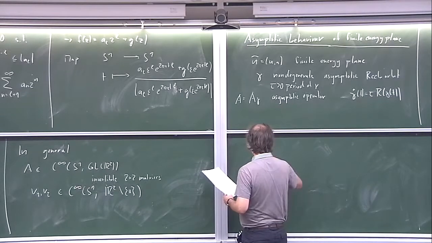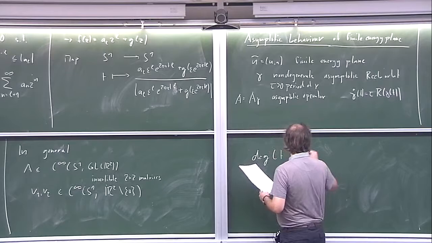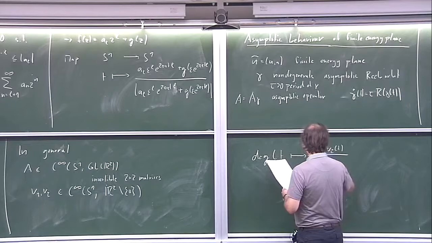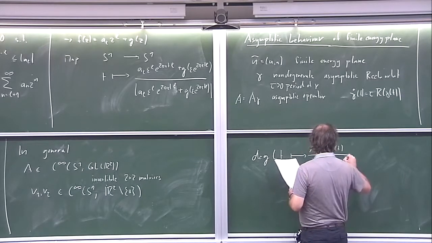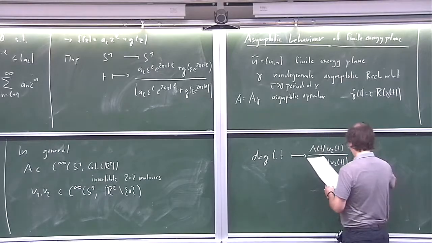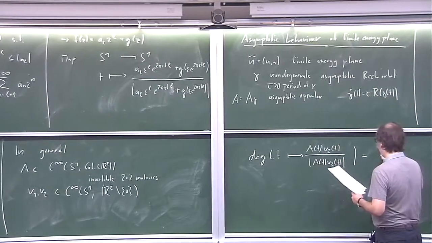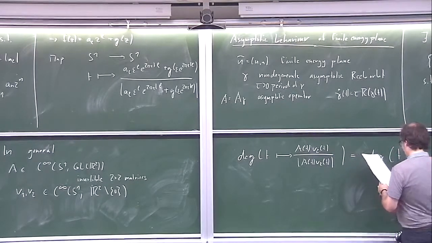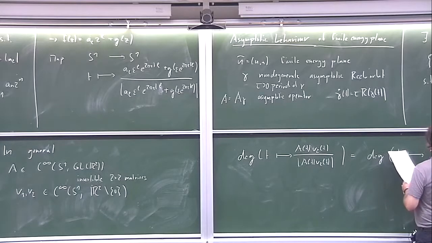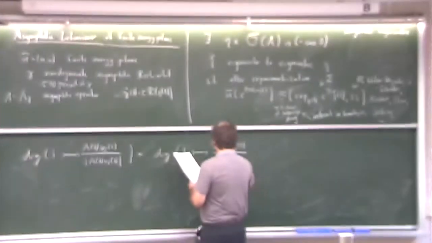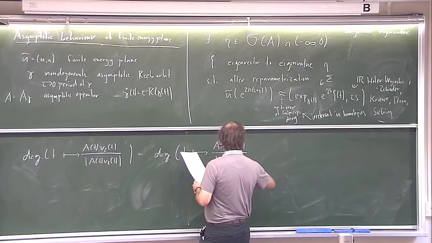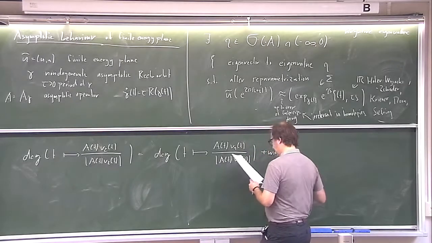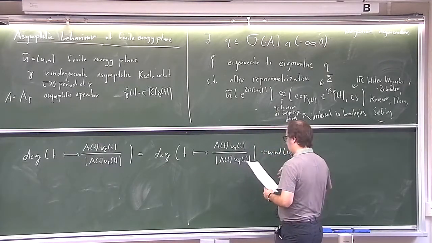the degree of the map t goes to A(t)V2(t) divided by the norm of A(t)V2(t) equals the degree of t goes to A(t)V1(t) over the norm of A(t)V1(t), plus the winding of V1, V2.